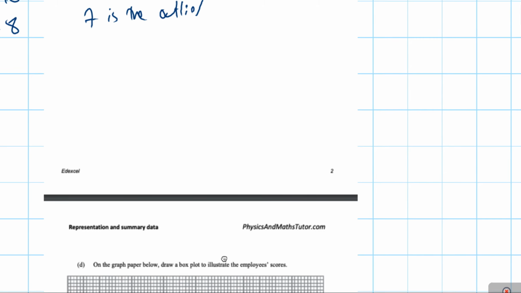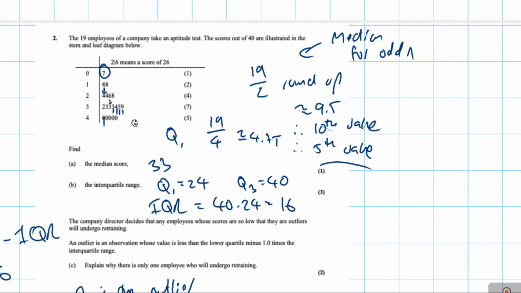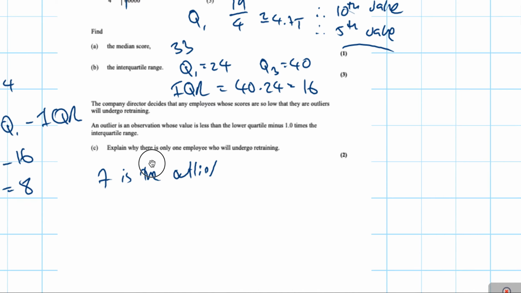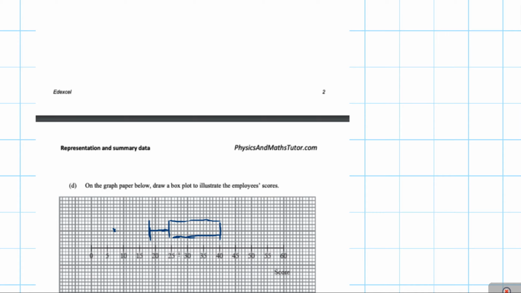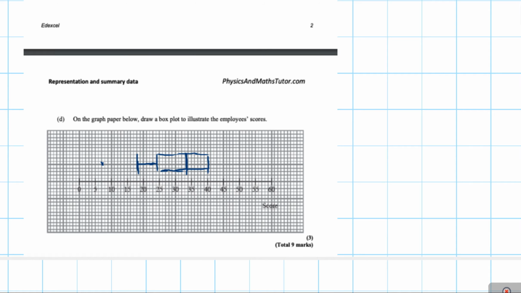And then we need to put the median in. The median is given as 33. So then we plug 33 in, and there we go. And because 40 is the last value, there's no whisker, essentially there's no line afterwards.